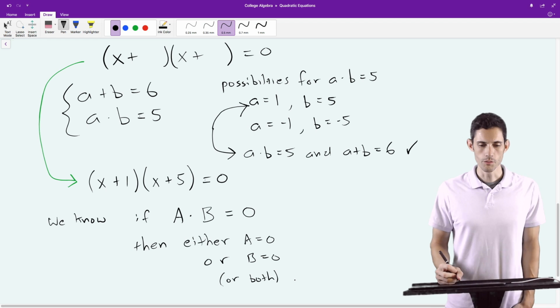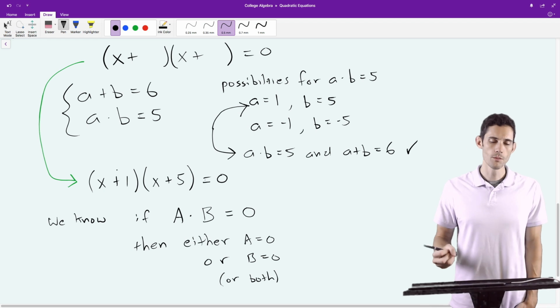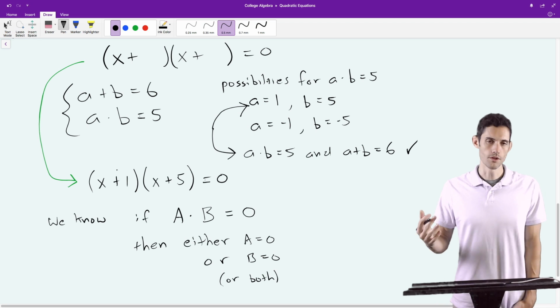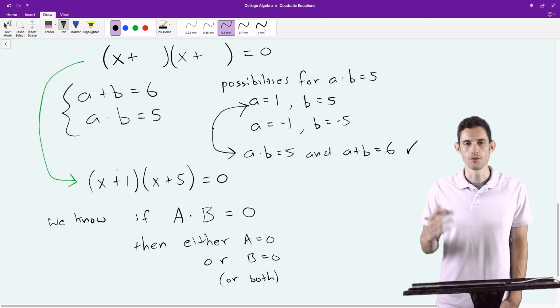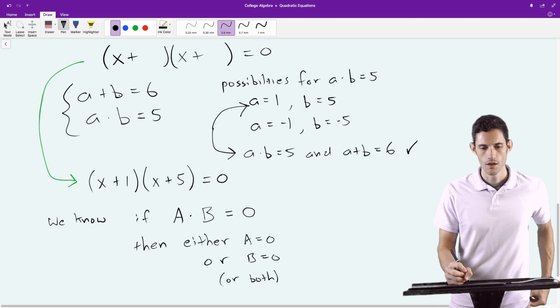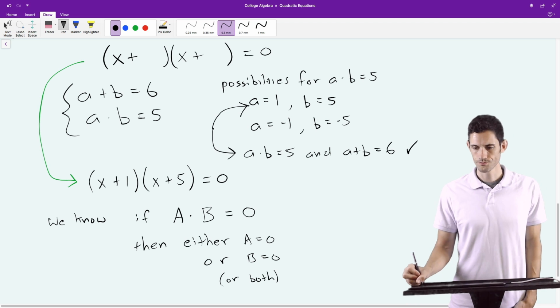And these are in fact numbers. X plus 1 is a number. It's just that I don't know what x is, so I can't write down what the number is, but whatever x is, you add 1 to it, and that's a number. And x plus 5 is a number. So I basically have a number times a number equals 0.